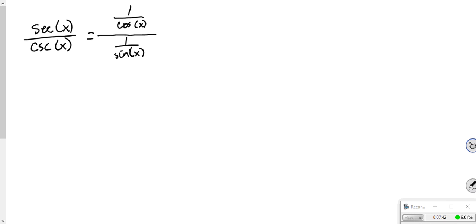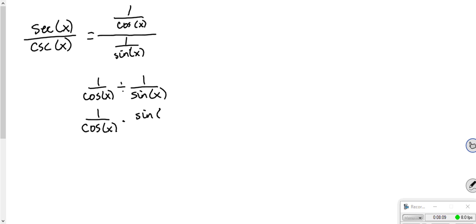So this is the same thing then as 1 over cosine x divided by 1 over sine x. Well, this is 1 over cosine x times sine x over 1.